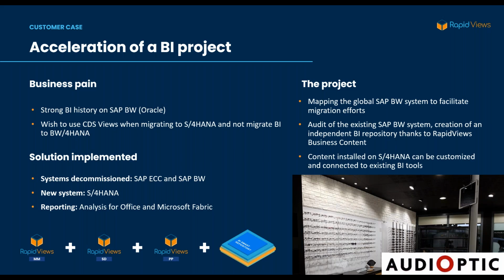So it's a customer that used to have BW, but when they decided to migrate to S/4HANA, they didn't want to continue to use BW. So they were able to replace BW by our business content. It's MM, SD, and PP.